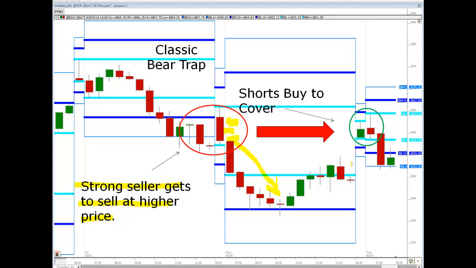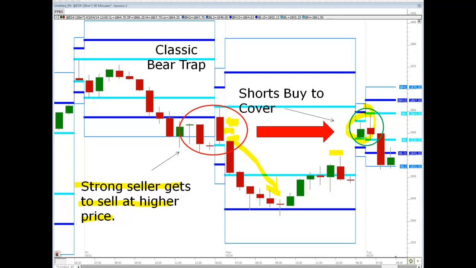But now these poor bears are trapped up here, okay, and they're panicking and they want to get out. If their stop was up here, then this certainly has exceeded the stop. We've taken out those stops, and it's time to exit that short trade. Notice what happens, though, in the market.